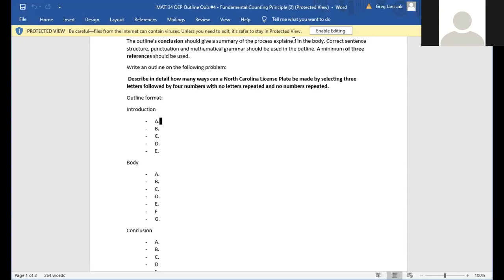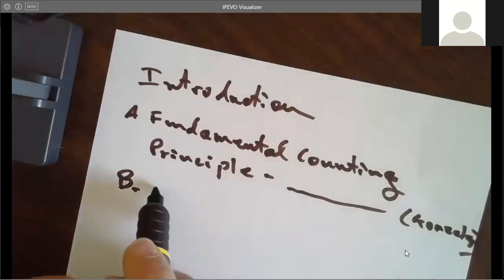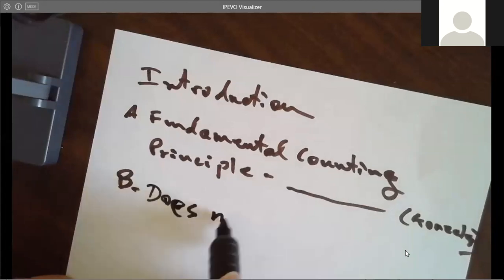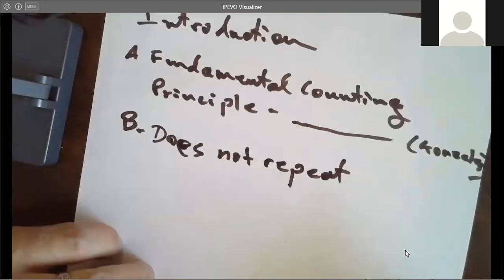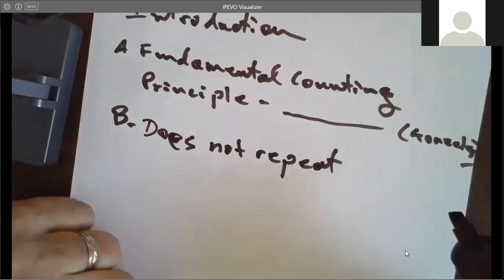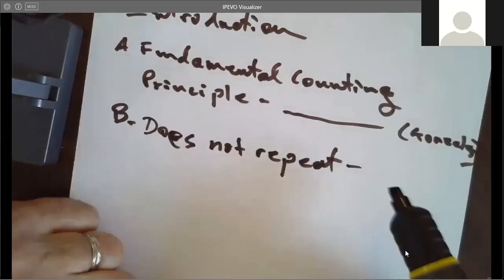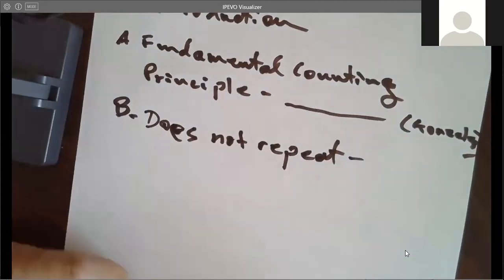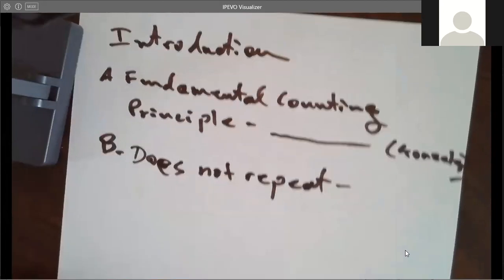And then in the outline, you could put, what does it mean by does not repeat? In other words, if one item is taken, then if one item is listed, then you cannot count that item again. You have to go to something else, and so on. And so there's other things that you can write in the introduction as well.